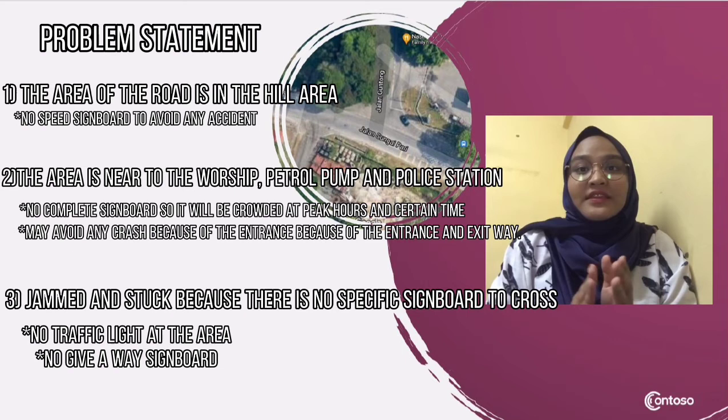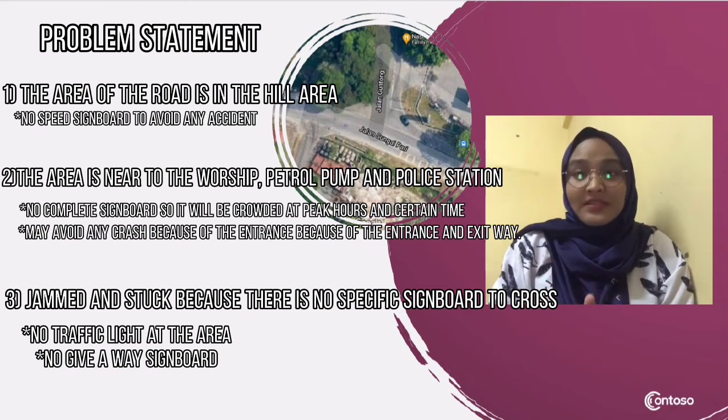Other than that, the road is in a hill area, so there should be a specific signboard to avoid any accident. For this situation, there is no speed signboard for users to help control accidents.